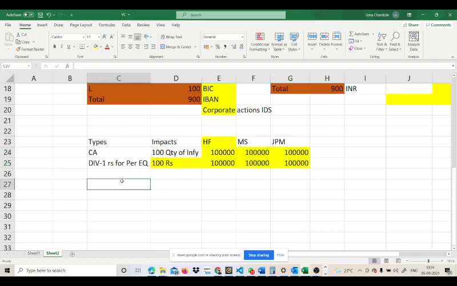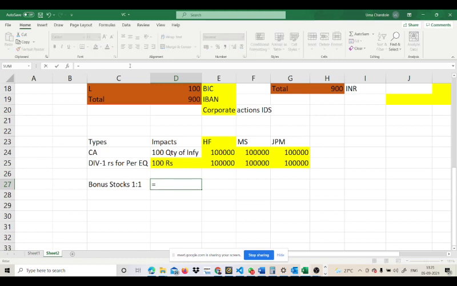And suppose they announce bonus stocks, and the ratio of the bonus stock is 1:1. If I hold this, and the rest of the players also hold this, if you already hold 100 shares, then you will receive 100 extra.